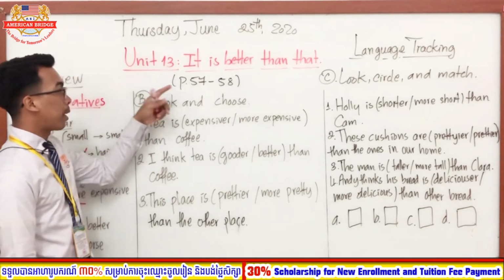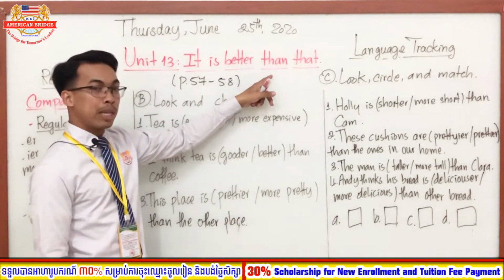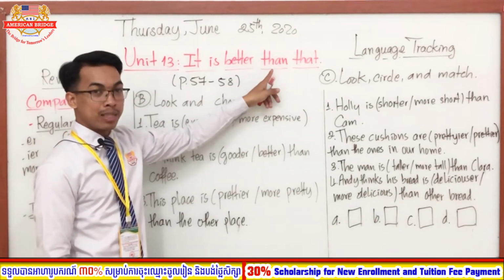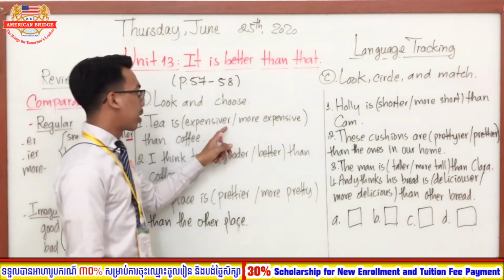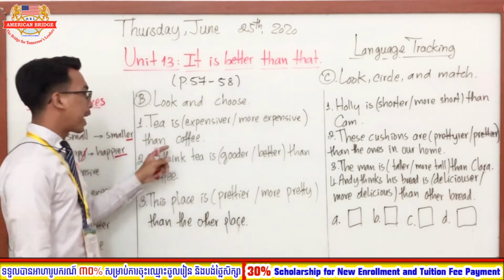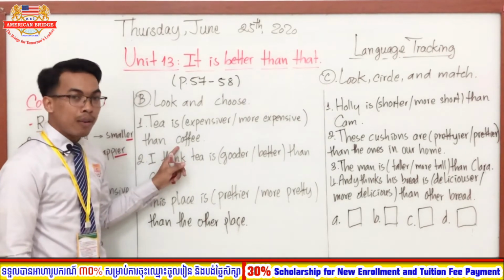So you have to remember it, like the title. In the comparative, we have the word than in the sentence. Tea is more expensive than coffee, so it compares the word tea to the word coffee.